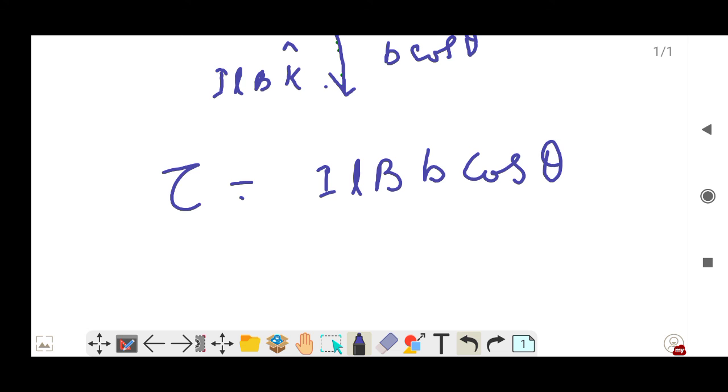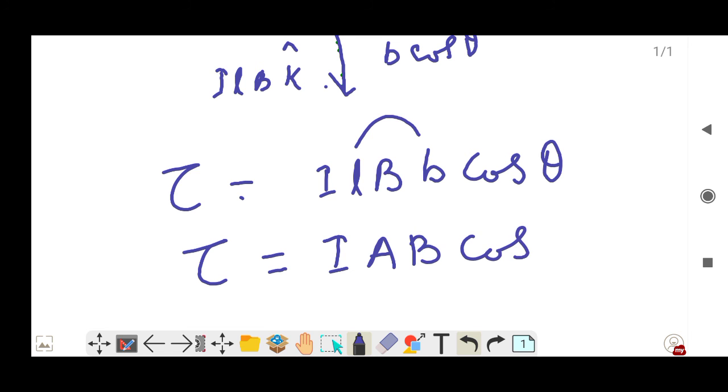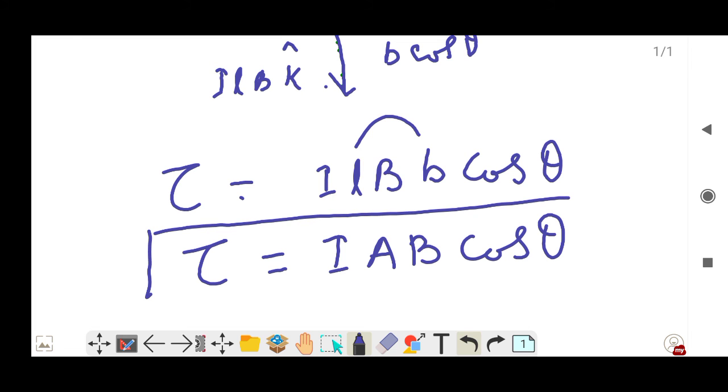Now length into breadth, that is the area. So torque is equal to I A B cos theta. This is actually the expression for the torque.